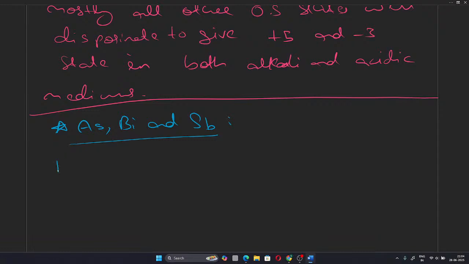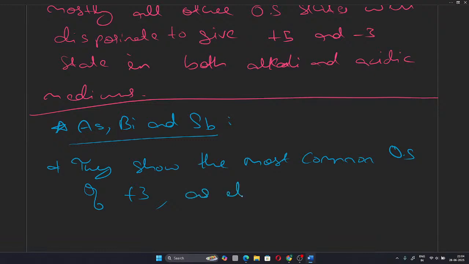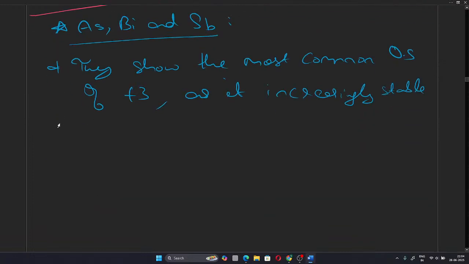These elements, they show the most common oxidation state of +3, as it is increasingly stable with respect to disproportionation.